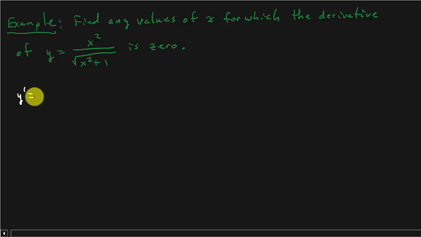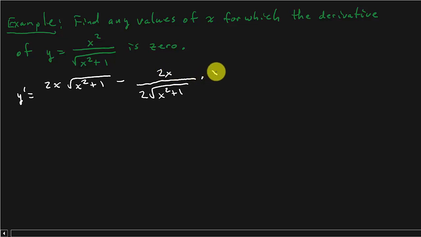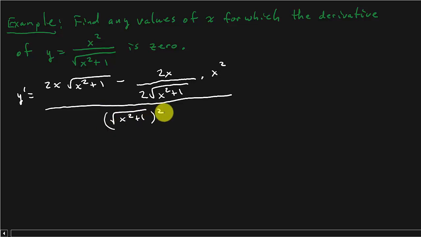So I get y prime is equal to the derivative of the numerator times the denominator minus the derivative of the denominator. So what goes in the denominator? 2 times that square root. What goes in the numerator? The derivative of what's underneath the square root, and then times the numerator. And this is all over the denominator squared.